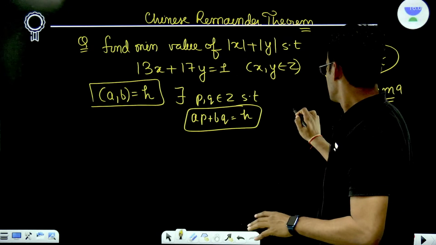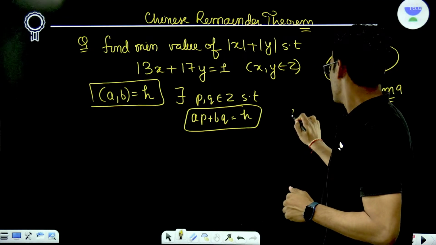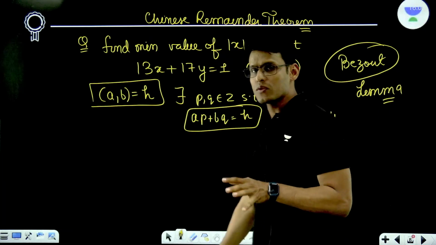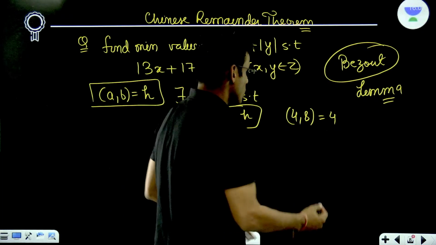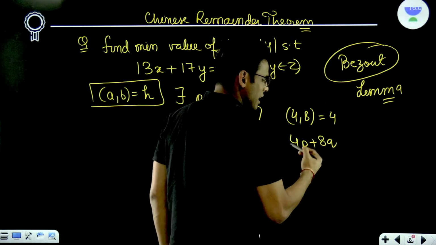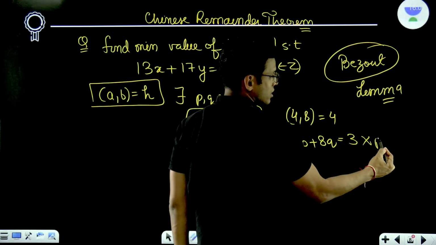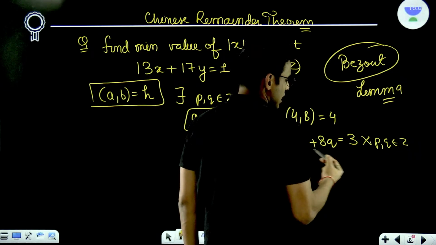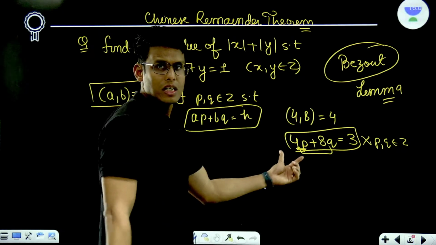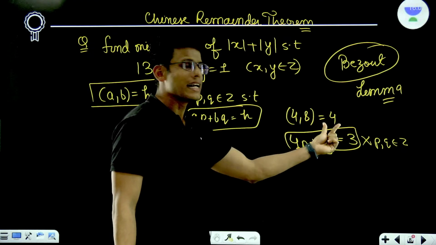Just to make you understand, let me take two numbers, 4 and 8. Their HCF is 4, right? So what this is saying is that you cannot have two integers P and Q; you will have no solution, because this whole thing is divisible by H. HCF of 4 and 8 is 4.